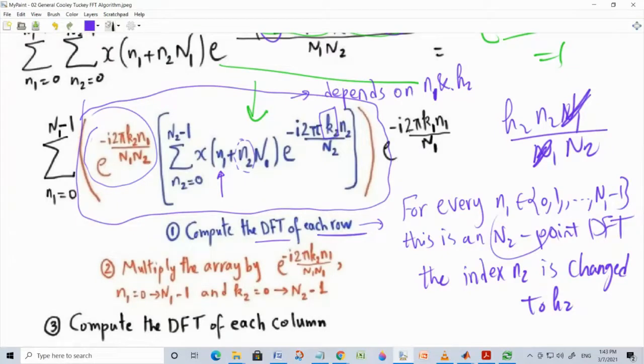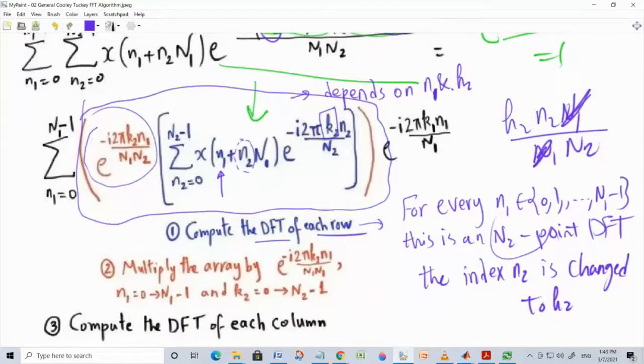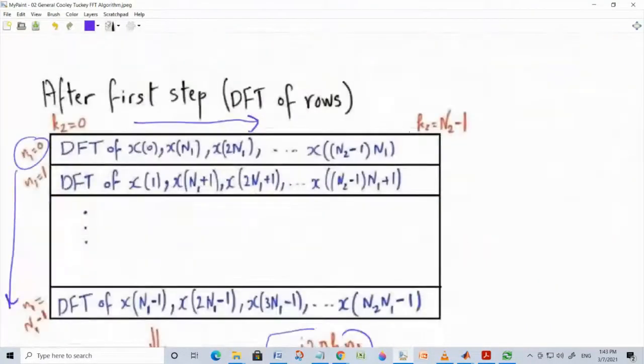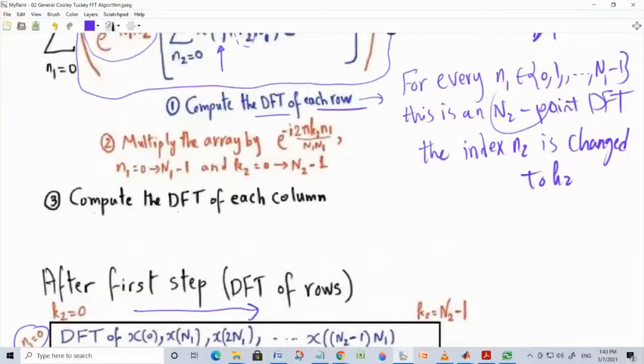What you do is that for a fixed k2, you compute the DFT of each column. So now the index of the column is k2, and you compute the DFT of each column for a fixed k2.